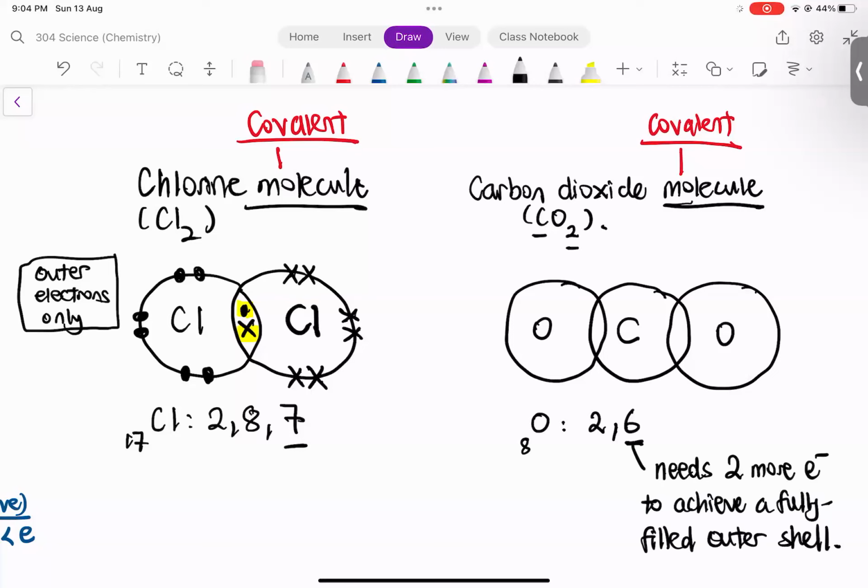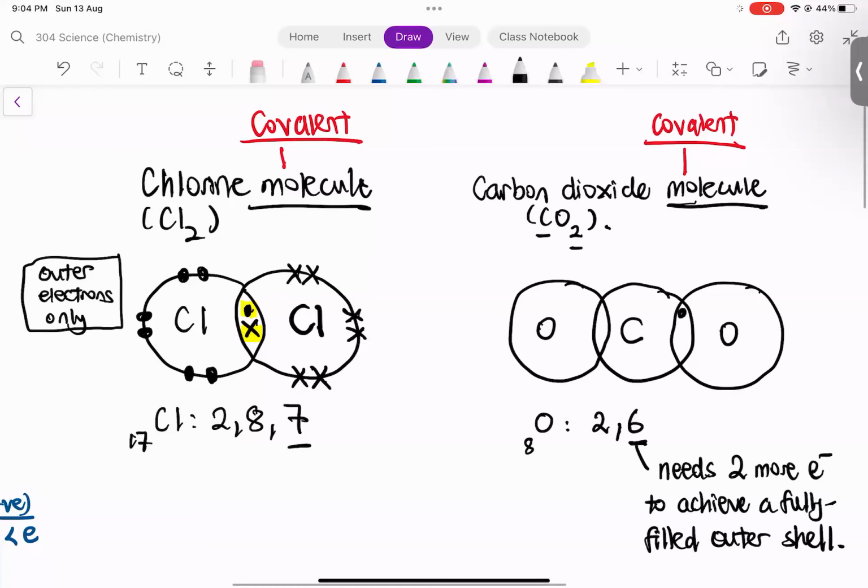So if that's the case, if it needs 2 more, we share 2. Okay, so sharing 2, 1 dot, 1 cross, 1 dot, 1 cross. So it's like that. This is the meaning of sharing 2. It means that oxygen shares 2 electrons of its own. Carbon, in turn, shares 2 electrons of its own. Okay, but that's not it again.